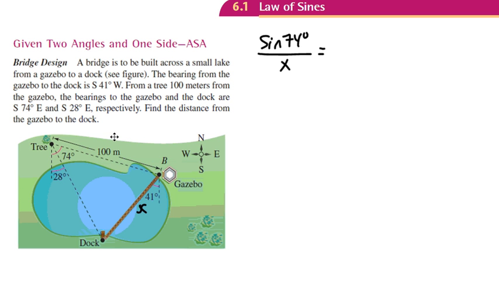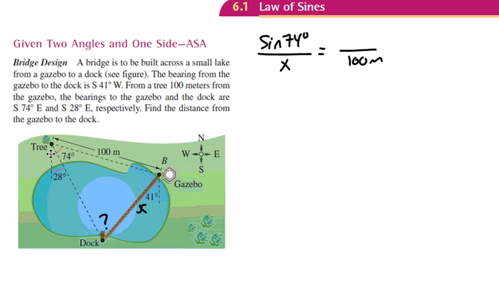Oh, well, we have a side right here, right? So doesn't it make sense that if we can figure out what this angle is, then we could use this proportion? We're going to have to, because this is the only side given to us. I know that this is going to be 100 meters. So we just have to figure out what this angle right here is. That's our goal right now.